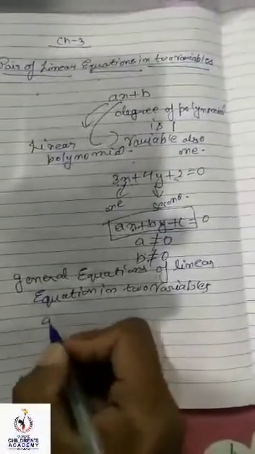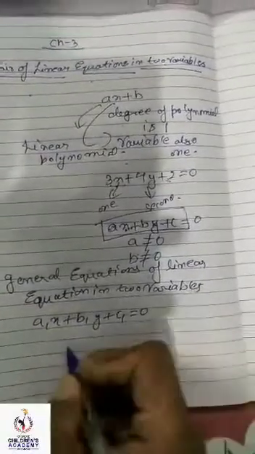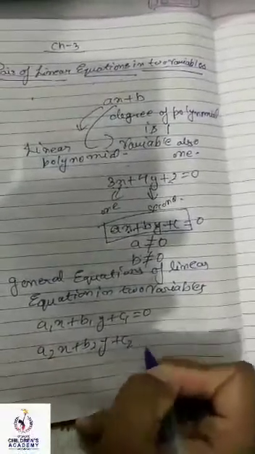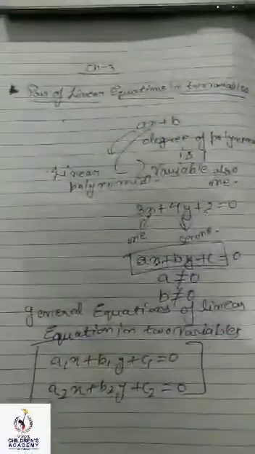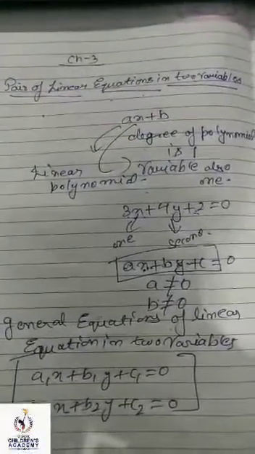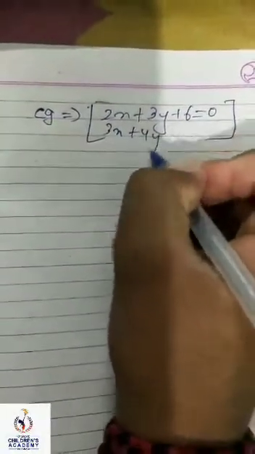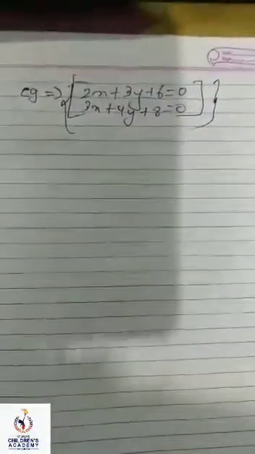The first one is a1x plus b1y plus c1 is equal to 0, and the second one is a2x plus b2y plus c2 is equal to 0. These two are the general equations of the pair of linear equations. For example, let's take 2x plus 3y plus 6 is equal to 0, and the second one is 3x plus 4y plus 8 is equal to 0. So this is a pair of linear equations in two variables.